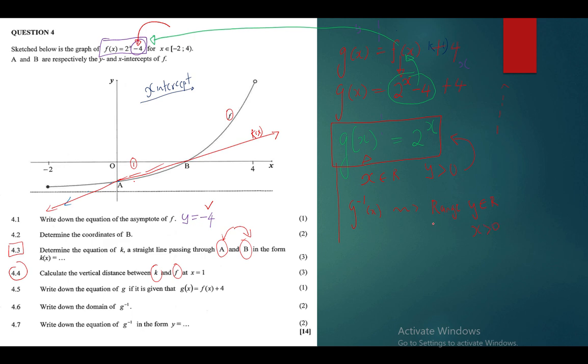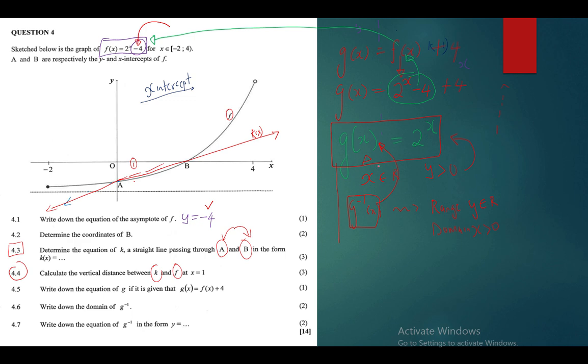It's like they are swapping. I can find the domain of the inverse using the original function g. What was the range of g will now become the domain of the inverse. Hopefully you are getting it.